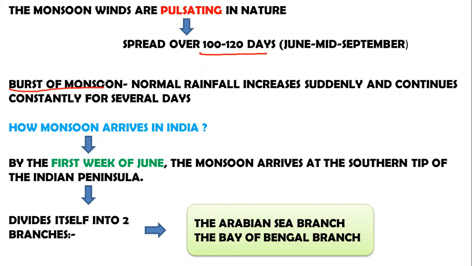Now, the important question is, how does the monsoon arrive in India? We had seen the main five factors that are responsible for bringing monsoon winds to India. These monsoon winds arrive in India by the first week of June at the southern tip of the Indian peninsula, Kerala. When it enters the southern peninsula, it divides itself into two branches, the Arabian Sea branch and the Bay of Bengal branch.